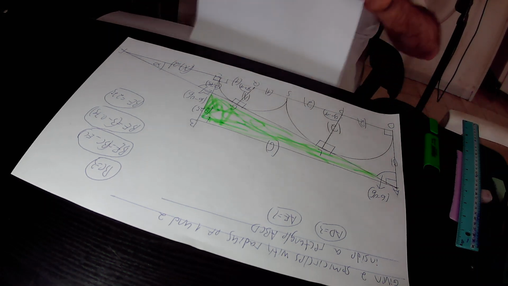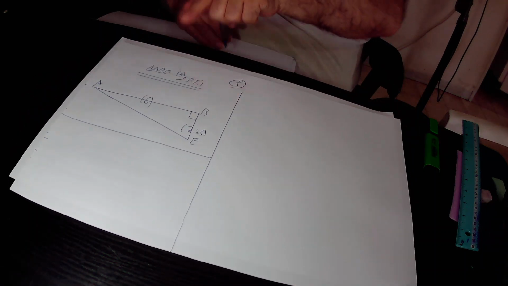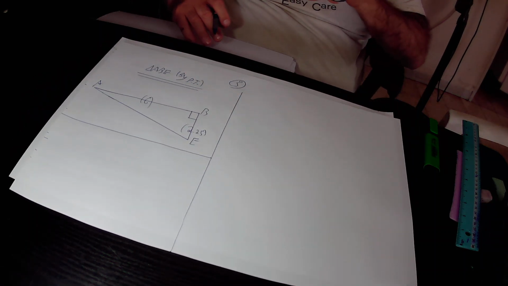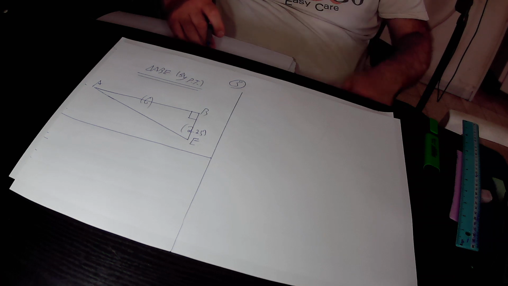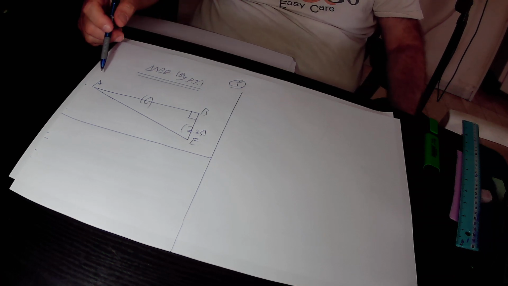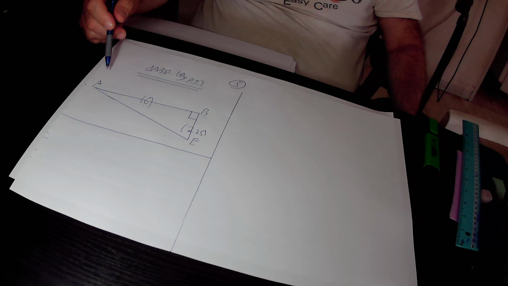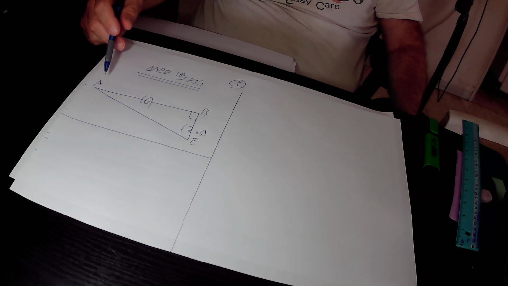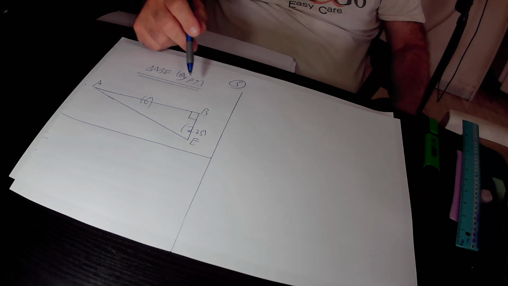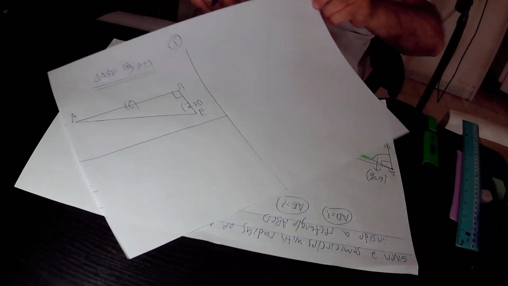So actually, this is the green right triangle ABE that we copied from the original drawing. According to the Pythagoras theorem, in this right triangle ABE, AE squared, that is the square of the hypotenuse, equals AB squared plus BE squared. So I write it now.